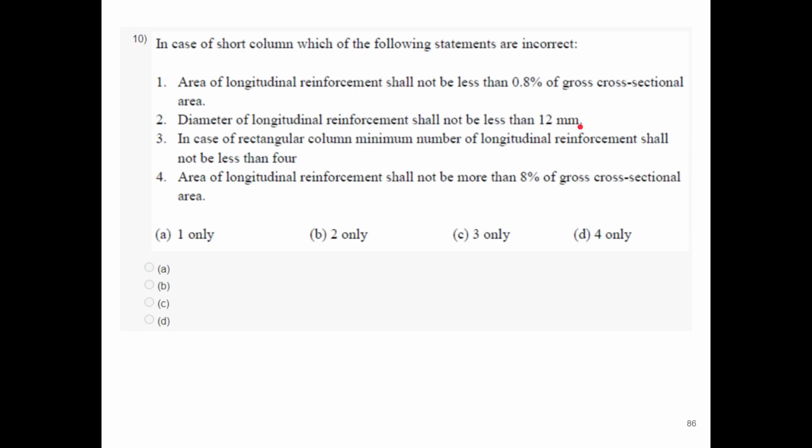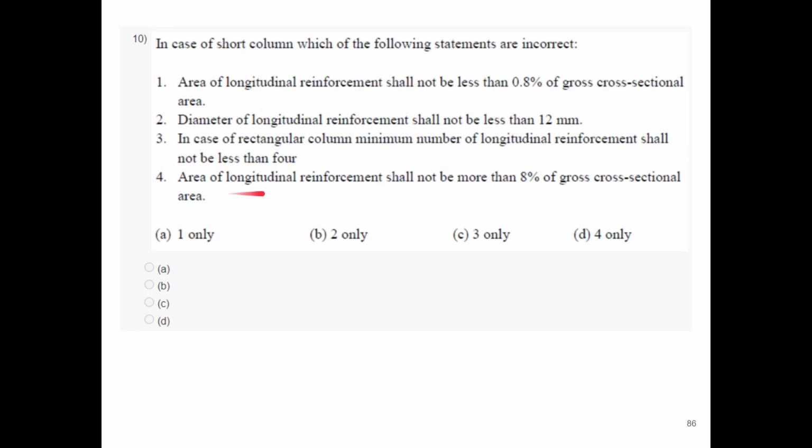That is also right, longitudinal reinforcement should start from 12 mm, not less than that. Third, in case of rectangular column, minimum number of longitudinal reinforcement is 4, and for circular it is 6. So 3 is also correct.